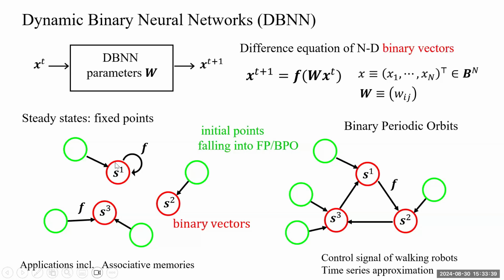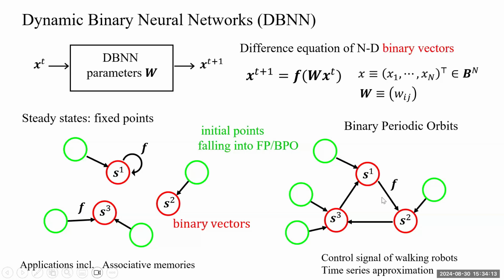S is transformed into itself by this function, a fixed point. And the green circle represents an initial point falling into a fixed point. The initial point is used to define the stability of a fixed point. The applications of this fixed point include associative memories. This is a binary periodic orbit.